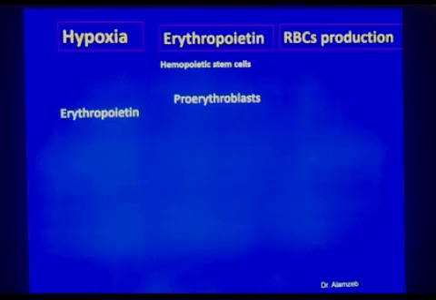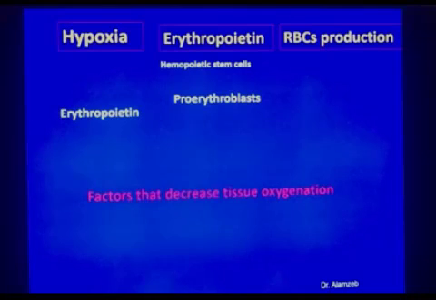When there is hypoxia, erythropoietin is produced, and then the production of RBCs occurs. Disease causes low oxygen concentration in the blood, or there is low oxygen concentration in the environment. So disease and environment are the factors responsible for the production of erythropoietin.